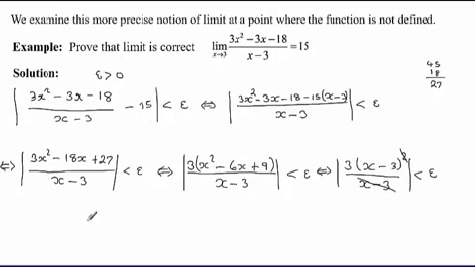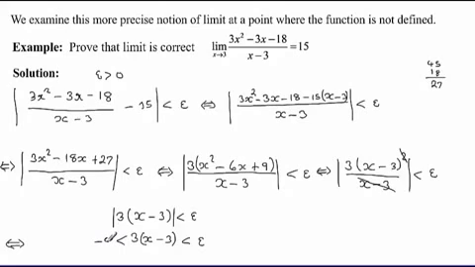Then we've got 3 times the absolute value of x minus 3 less than epsilon, which is equivalent to saying between minus epsilon and epsilon. Dividing both sides by 3, we've got x minus 3 less than epsilon divided by 3.